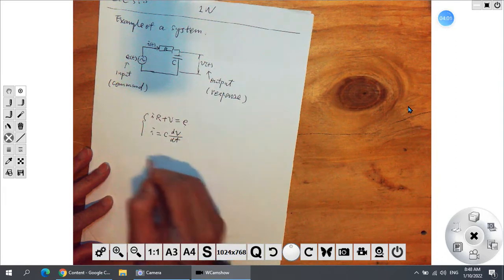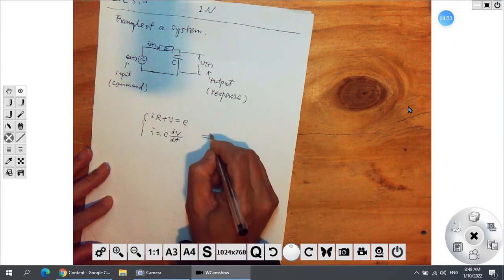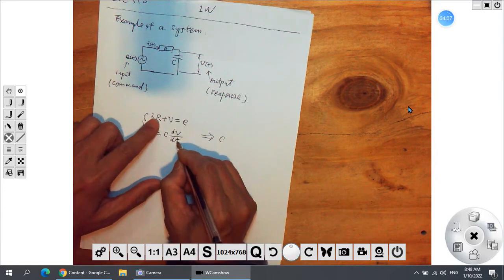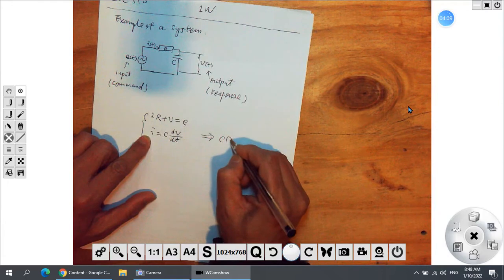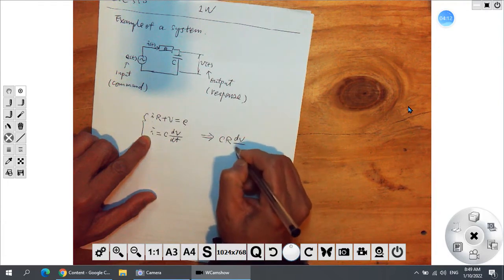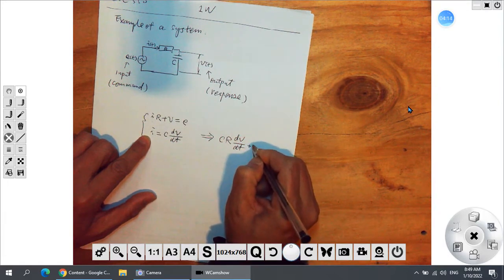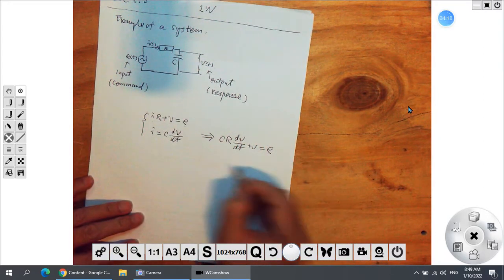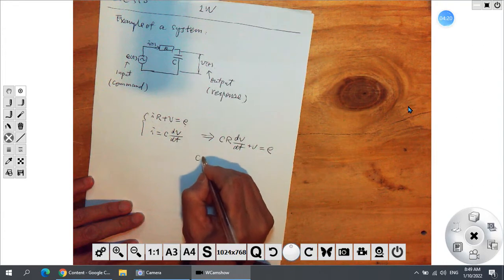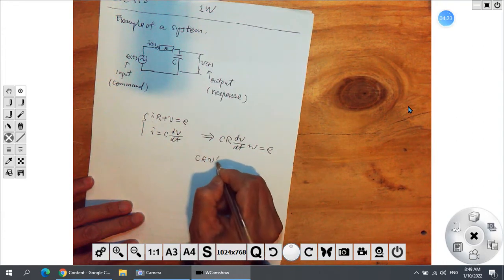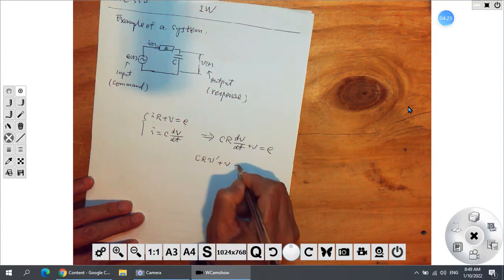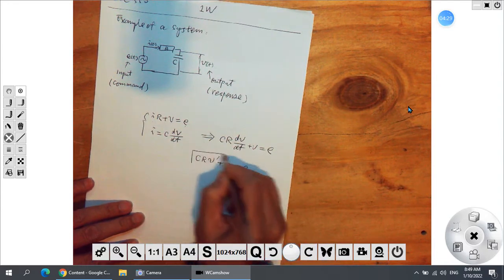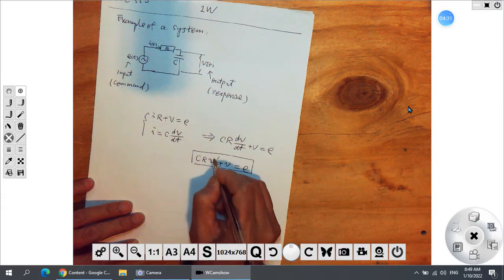We plug in, then we have C times the derivative, then times R. So CR times the derivative of V with respect to t plus V equals E. For simplicity, you can write it as CRV prime plus V equals E. Here, I just write the derivative by prime.